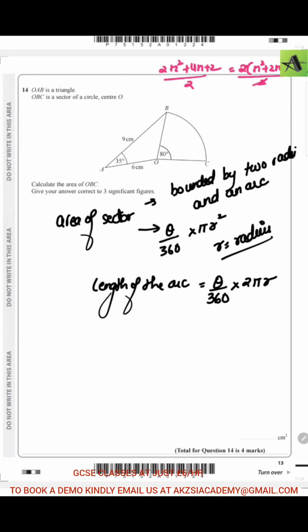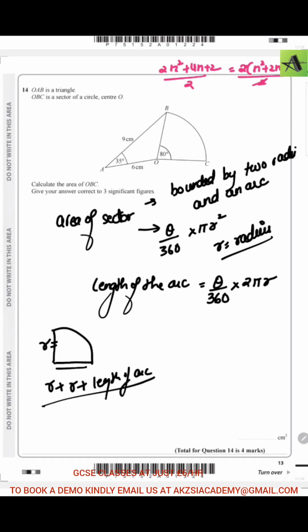That's the length of the arc. Say, for example, they're asking you to calculate the perimeter of the sector. A sector is basically bounded by two radii and the length of the arc. So we can calculate this r plus this is also r plus length of arc. This will give you the perimeter of a sector.